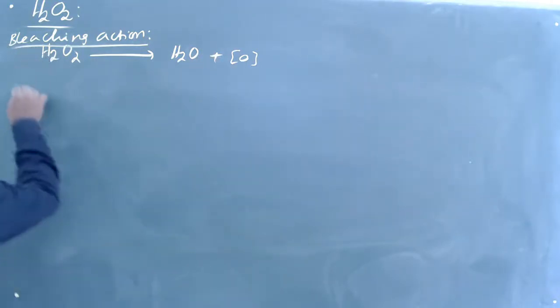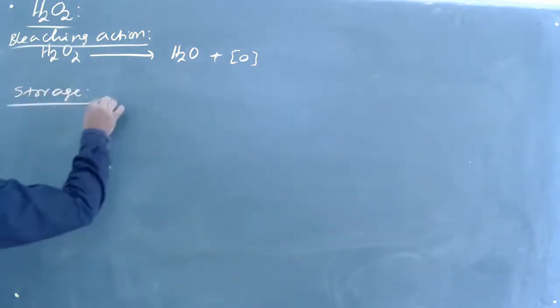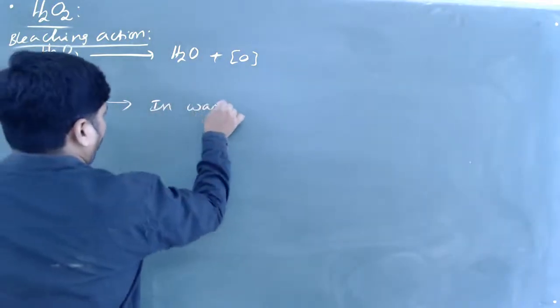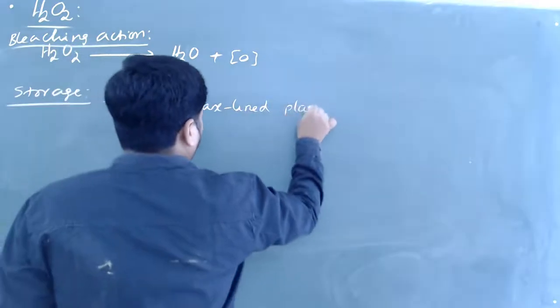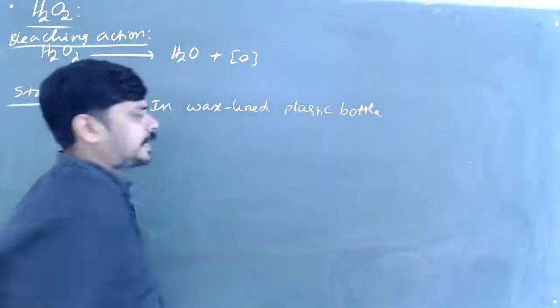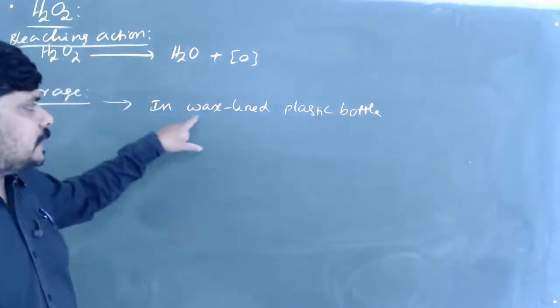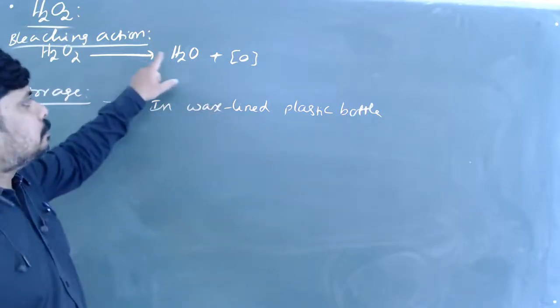So the storage of hydrogen peroxide is always going to be in a wax lined plastic bottle. Whenever you see hydrogen peroxide bottles, they are going to be very soft. So that softness is maintained so that it does not get decomposed.